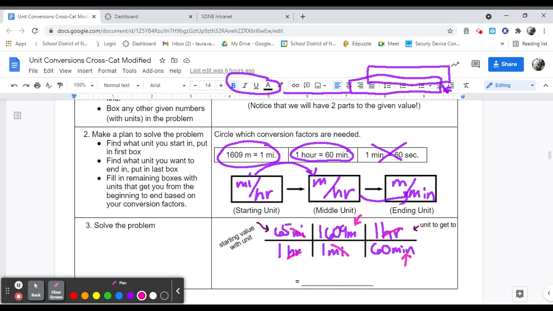And my answer did not come out correct. Let's try that again. 65 times 1,609 divided by 60. I get an answer of 1,743 meters per minute. Notice meters is left on top, minutes is left on bottom. That's why I have the fraction bar in between.